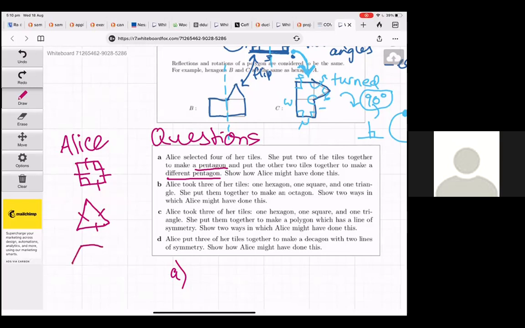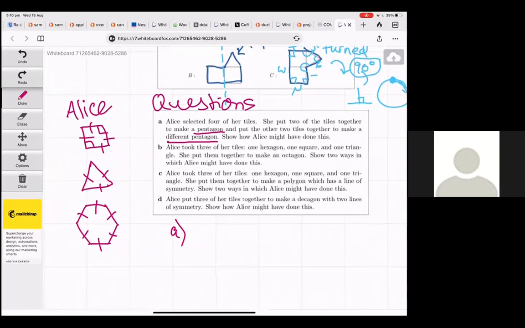There's also the hexagon, the 6-sided one. So Alice has all of these. So she uses the hexagon. Then you've got to make the pentagon connected to the hexagon.